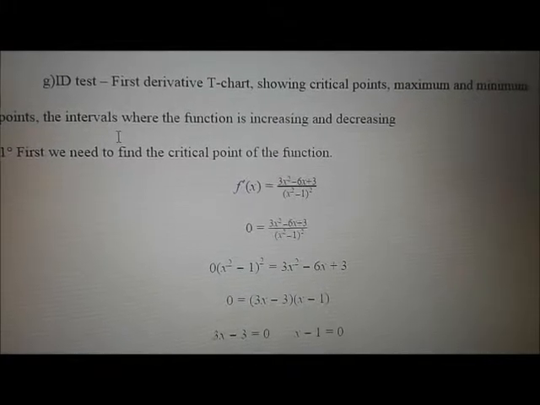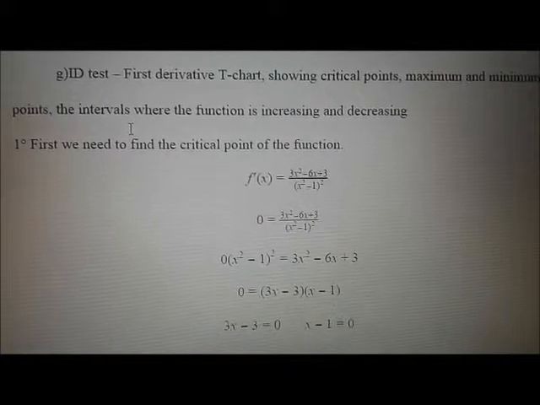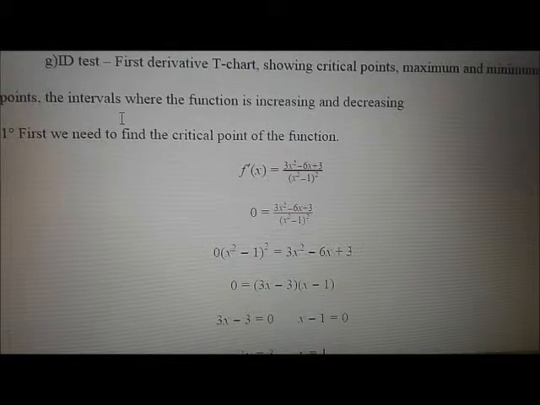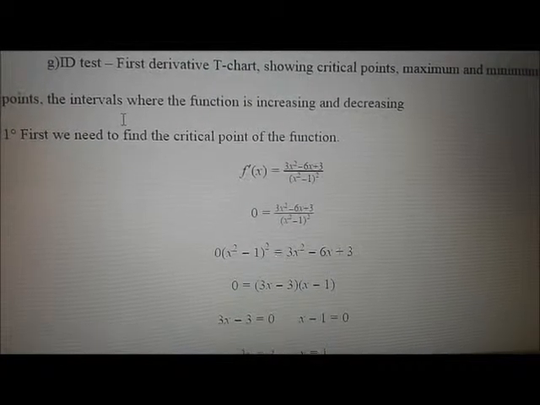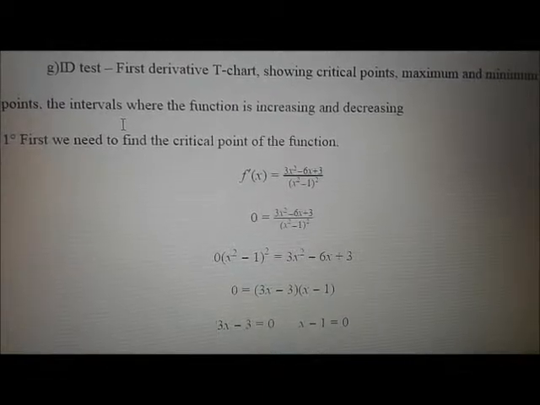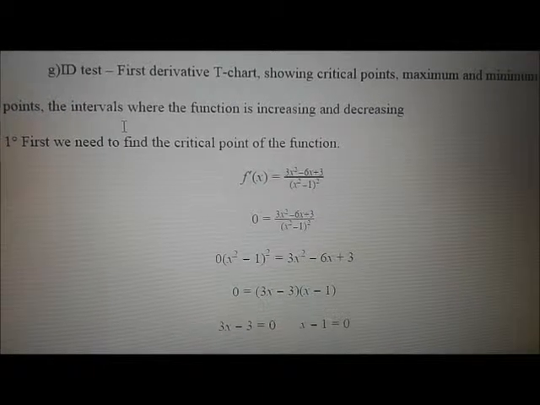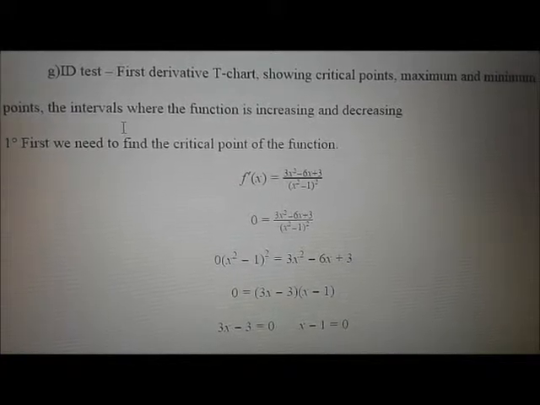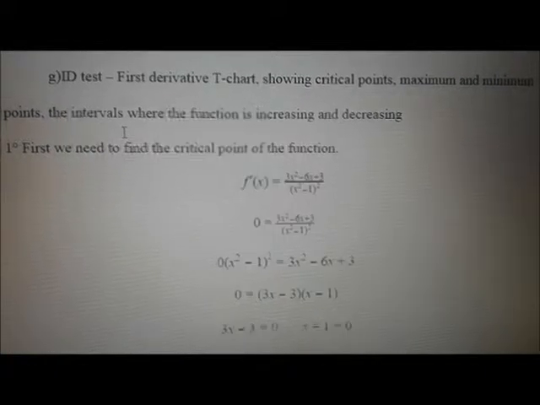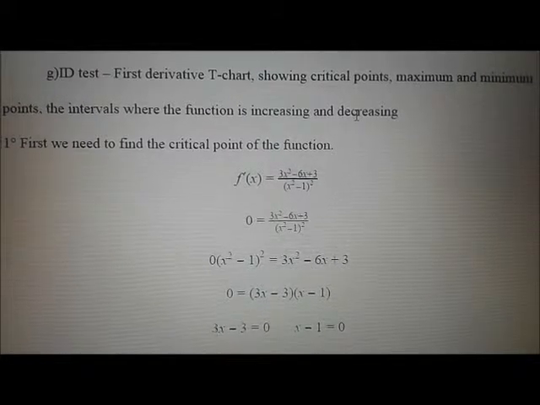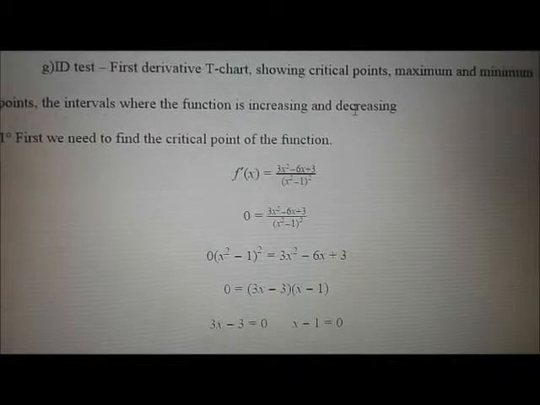The critical point is found by solving the first derivative equal to 0. So that means 0 is equal to the first derivative of our function. We need to clear the function over 0.